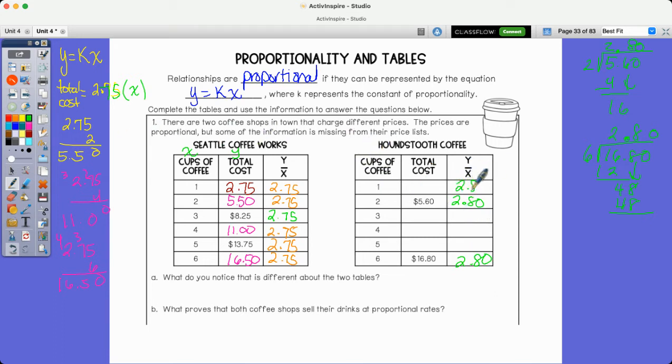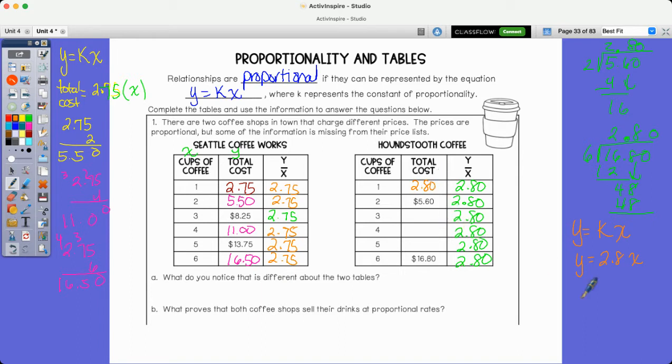We're going to do the exact same thing we did on the other side. To find y, we're going to use the formula y equals kx, where y is our total cost and k is $2.80. And we can drop that 0 here, and then we're going to multiply by x. So 280 times 1 is 280.